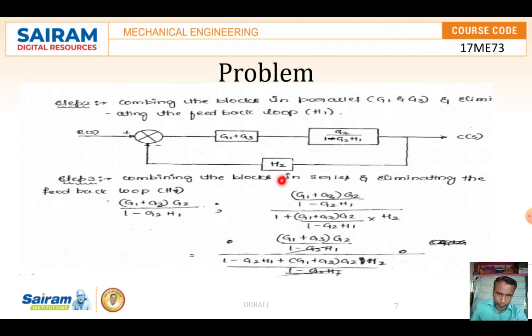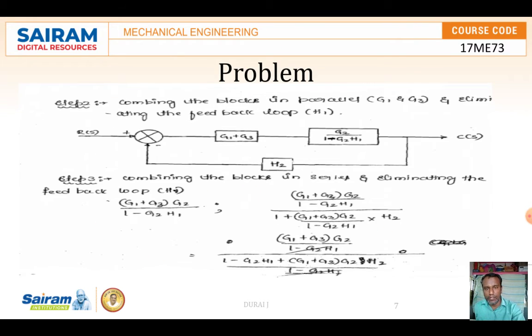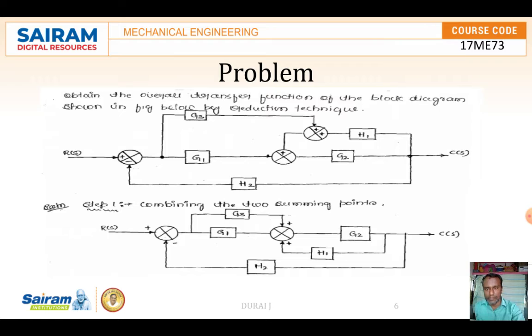Here we multiply these terms and then apply the feedback formula. Applying the feedback formula, finally you get this value, which is called the transfer function of this particular system.